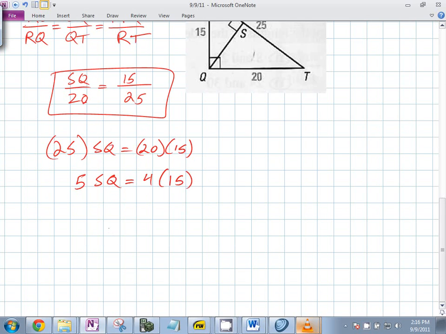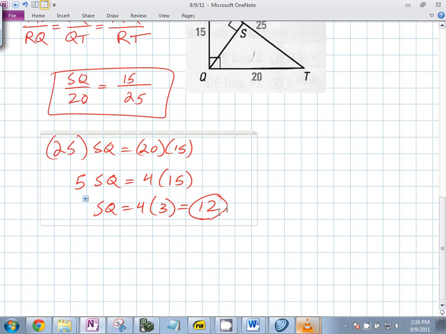So now divide by 5 again, and you get SQ is equal to 4 times, which is 12. Does that make sense? From our similarity relationship, we generated a similarity proportion, and from that proportion, we filled in the blanks, all besides SQ, and then we just solved the ratio.